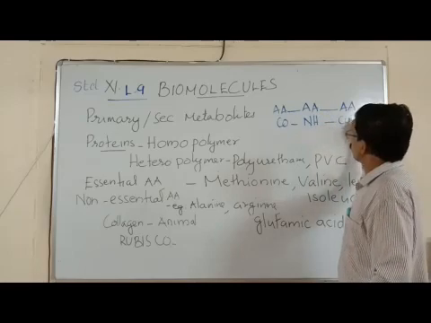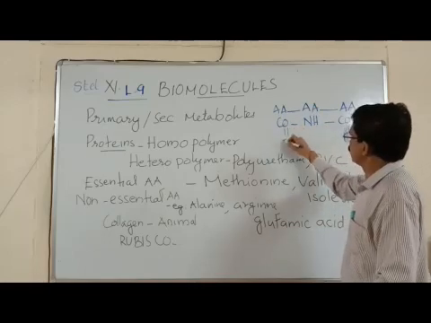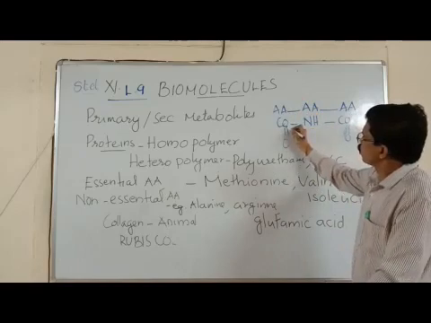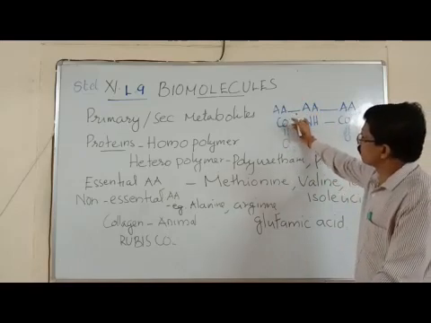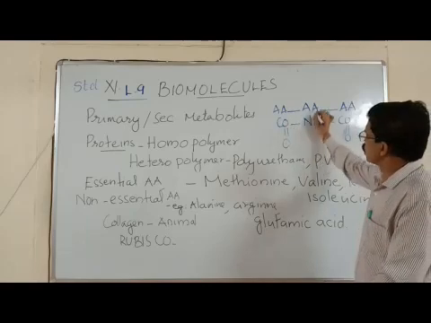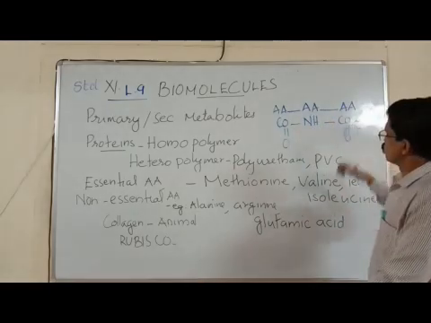CONH. CO means acidic group. The carboxyl group or acidic group of one amino acid combines with the amino group of the adjacent amino acid, and like this it continues.